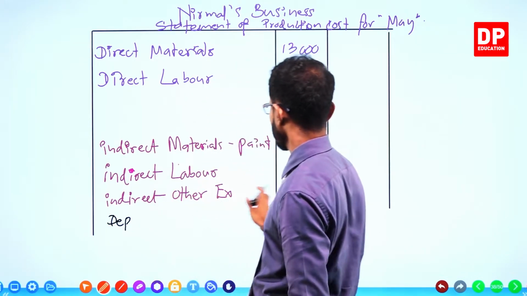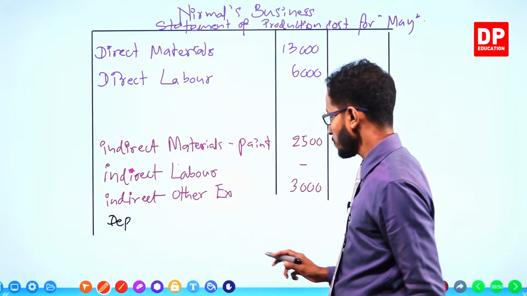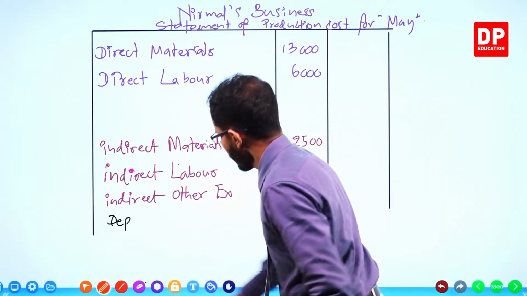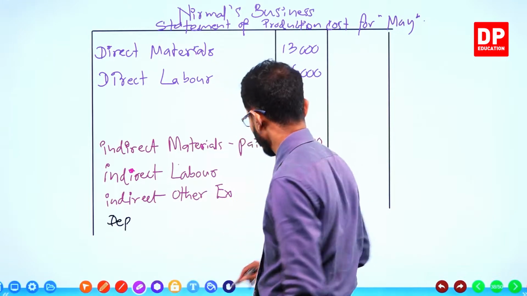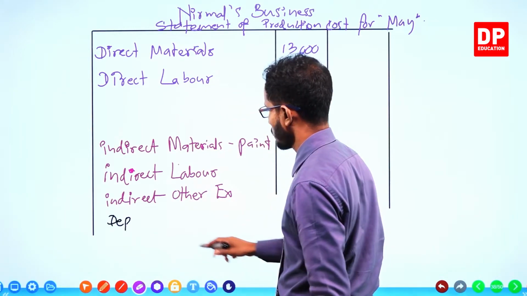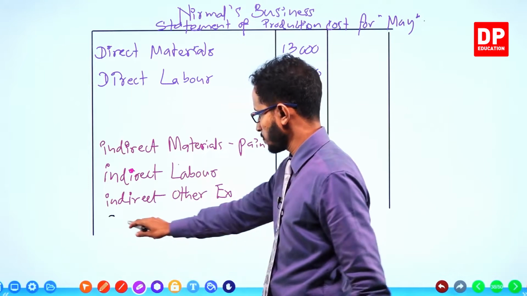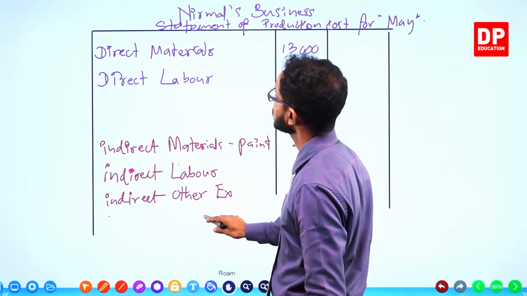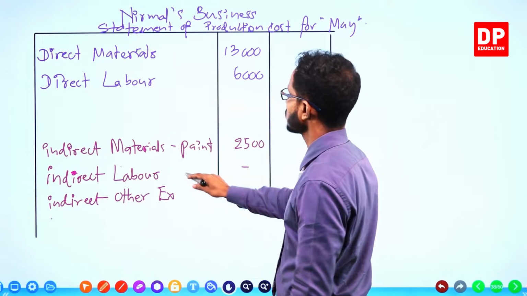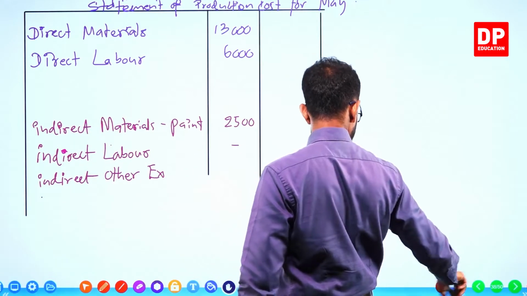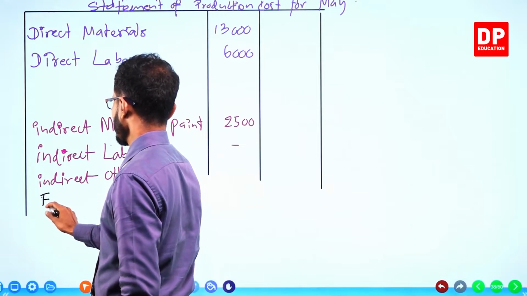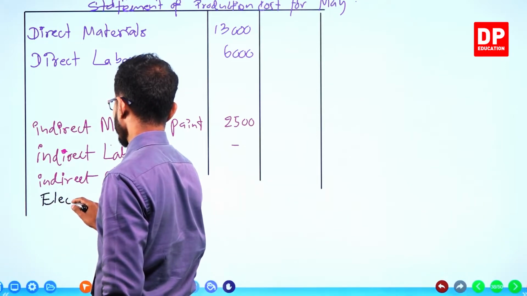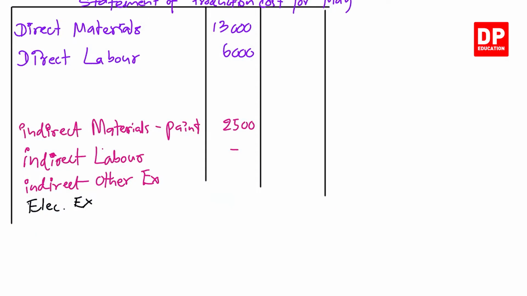Oops, under indirect other expenses, you have to write electricity, no? You have to write electricity expense 3,000.